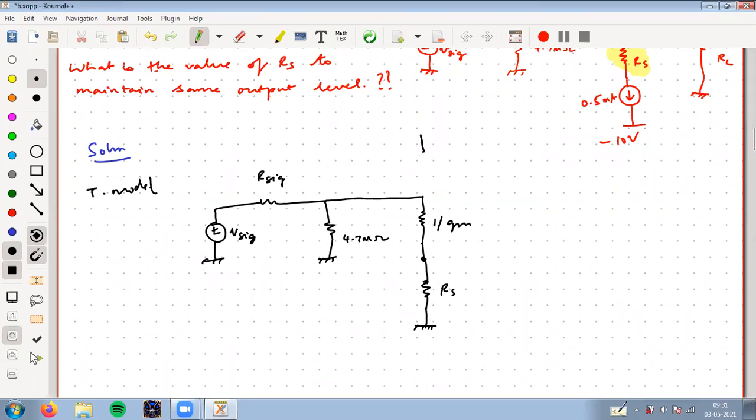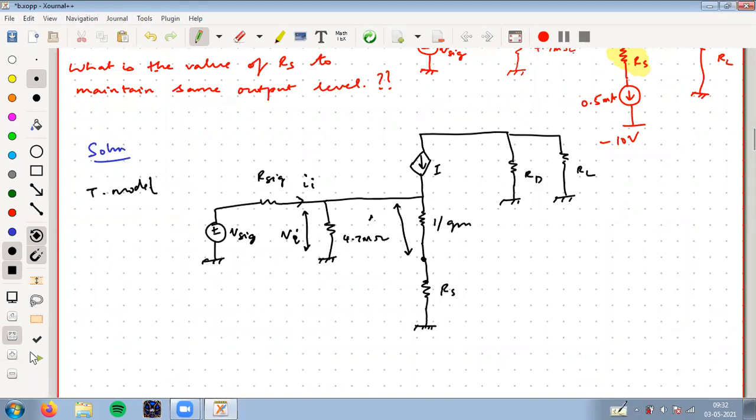Then on top you have this dependent source. This current is the input current, and this voltage is VI. This voltage here is VGS.